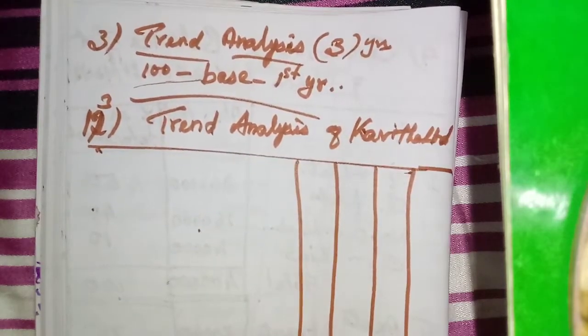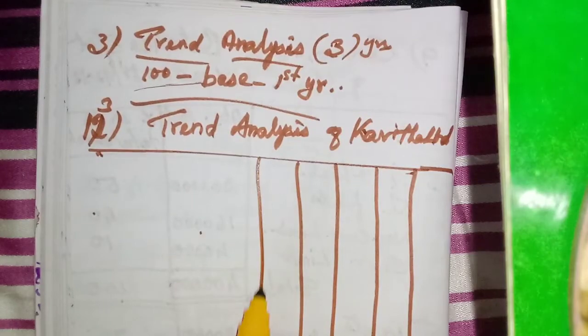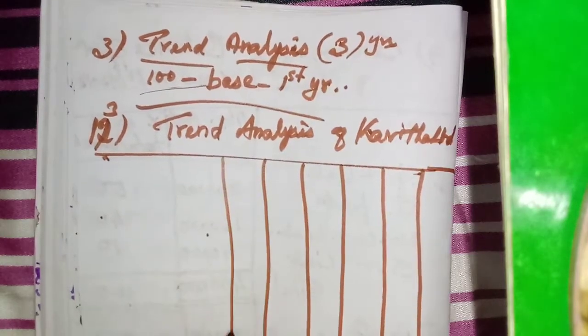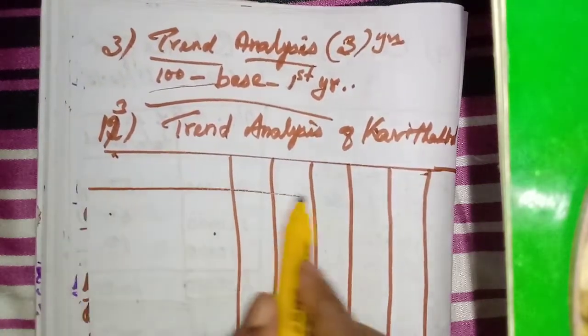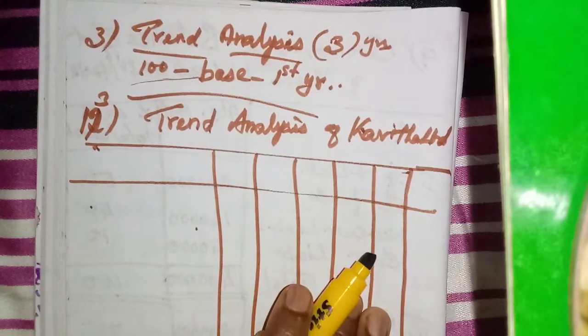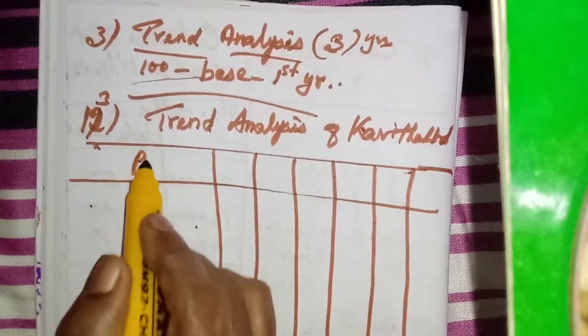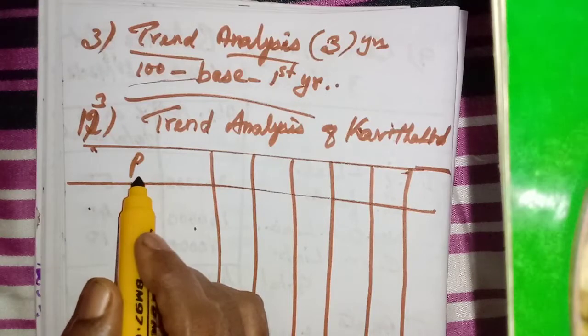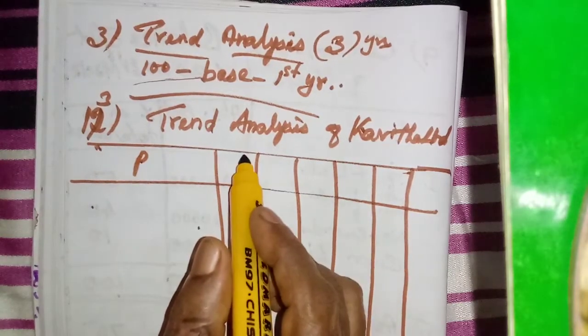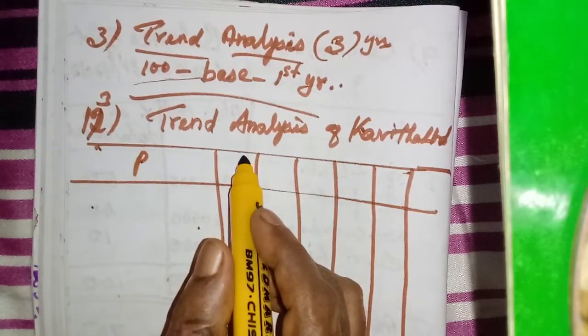Again 1, 2, 3. Totally 6. Then particulars come. How to write? This one particulars. Then year.